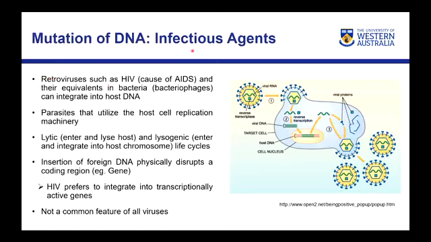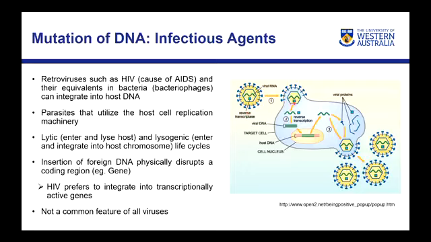So, infectious agents. Retroviruses such as HIV, which causes AIDS, and their equivalent in bacteria, such as bacteriophages, can integrate into host DNA. So here is a viral RNA. You can see its RNA represented in the green. And then this blue box here is reverse transcriptase, the enzyme that converts RNA to double-stranded DNA.